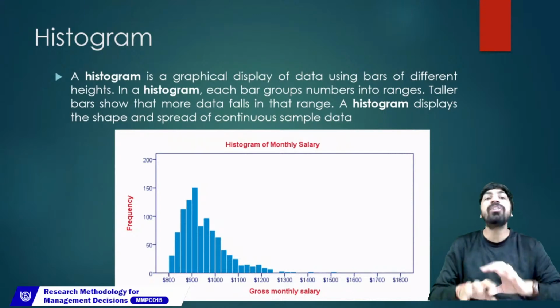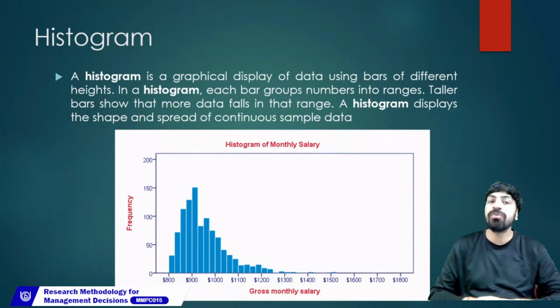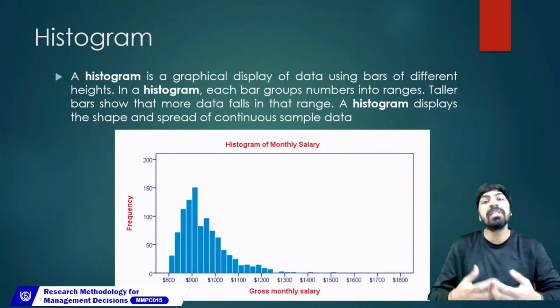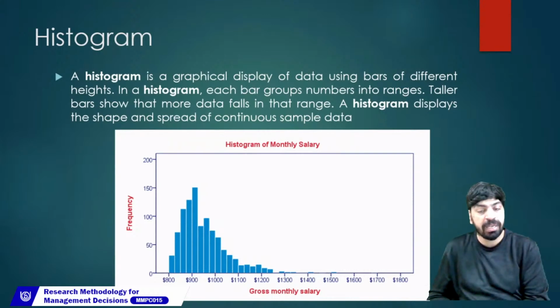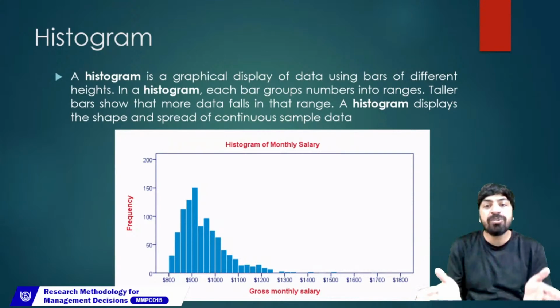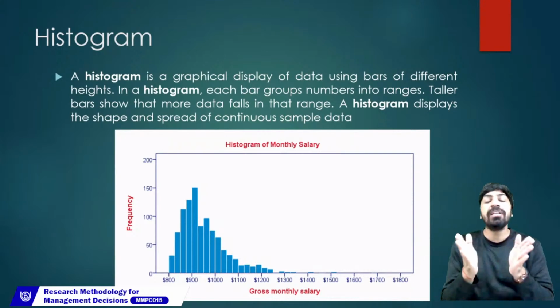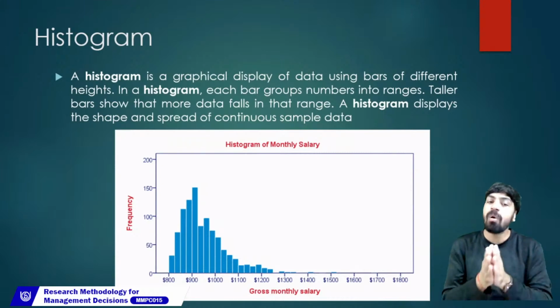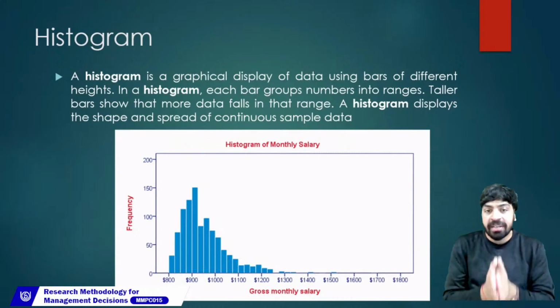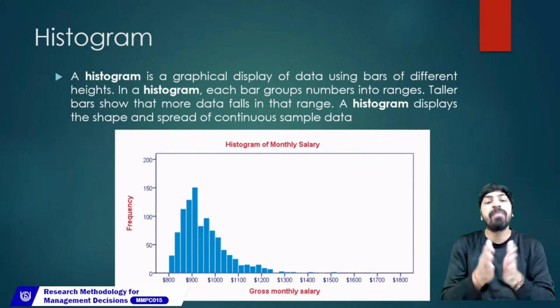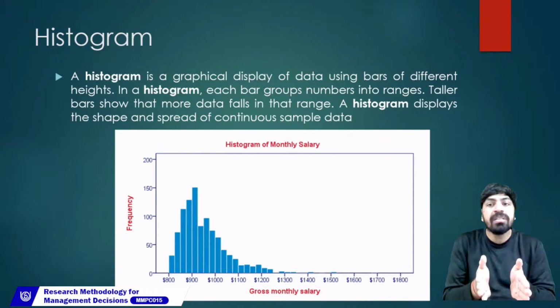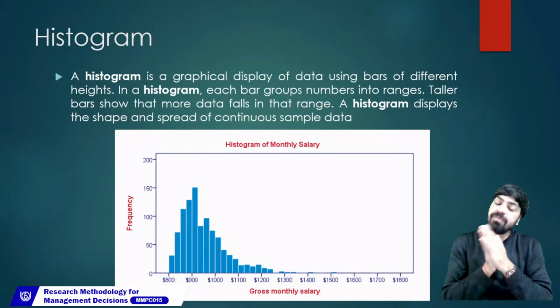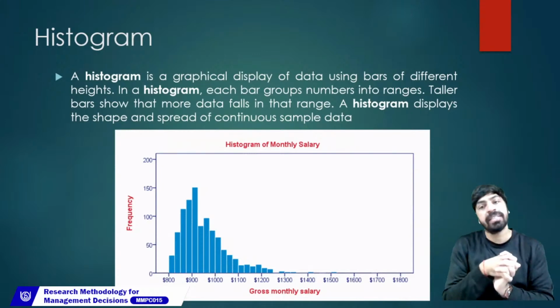In fact, the taller bars show that more data falls in that range, right? So whatever ranges have been given in the data set, accordingly the diagram has to be shown in bars with the differences of the ranges shown in the data set.